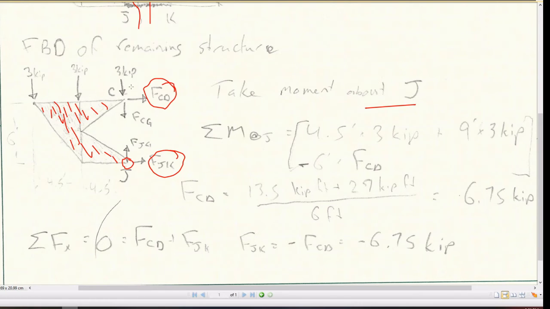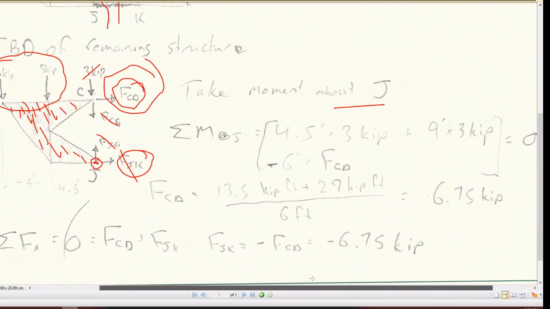We've got a number of forces whose line of action passes through J. So when we're doing this moment analysis, this 3 kip doesn't matter, FCG doesn't matter, FGJ doesn't matter, and FJK doesn't matter, because they're all passing through that point. The only ones that affect things are these two 3-kip forces and FCD.